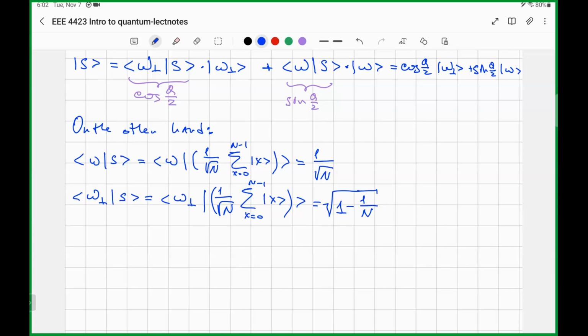But this vector omega orthogonal is all this superposition minus the one particular vector omega, which gives us 1 minus 1 over n. And then for the normalization of the vector, we get this square root.